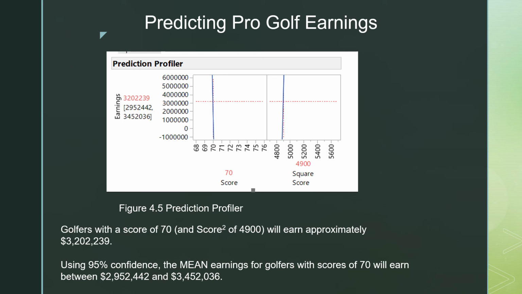Then looking at the bracketed values under Prediction Profiler, we would interpret that as using 95% confidence. The mean earnings for golfers with scores of 70 will earn between $2,952,442 and $3,452,036.